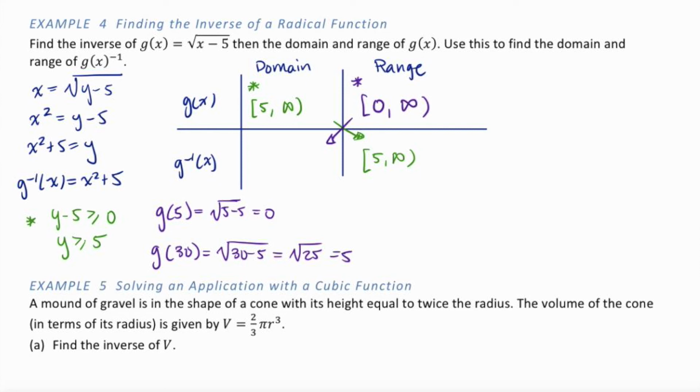That tells me that this is the domain of my inverse function. So here is our inverse function, and here are the domain and the range for both. Let's look at the last example.